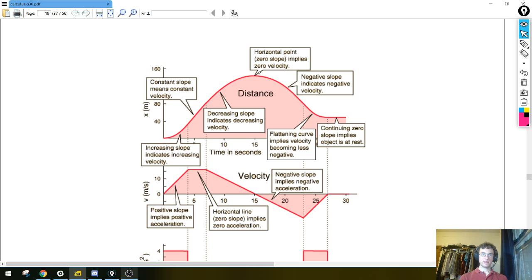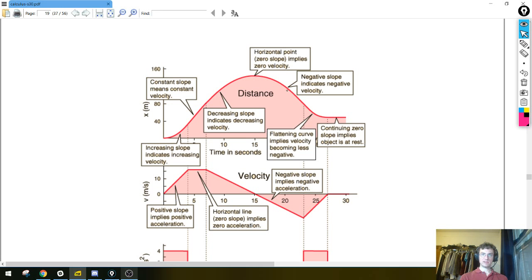Then up here in this big hump, he's still, at least for this part, moving to the right because his distance is increasing, but he's slowing down because the slope is getting smaller and smaller until we get to this important point at 15 seconds. Right here, he's just sitting at some fixed distance. He stops for a moment. He's not moving at this moment.